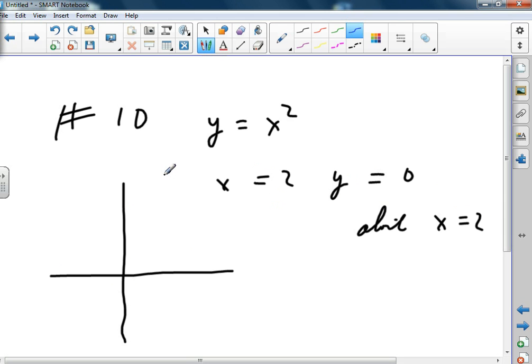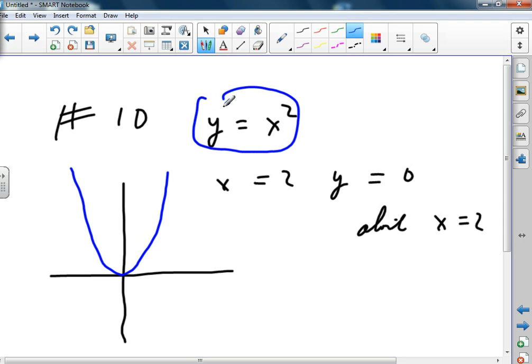Here's my function, y is equal to x squared. When I'm at 1, I'm at 1, and when I'm at 2, I'm at 4. So that's that guy. X is equal to 2. Y is equal to 0.